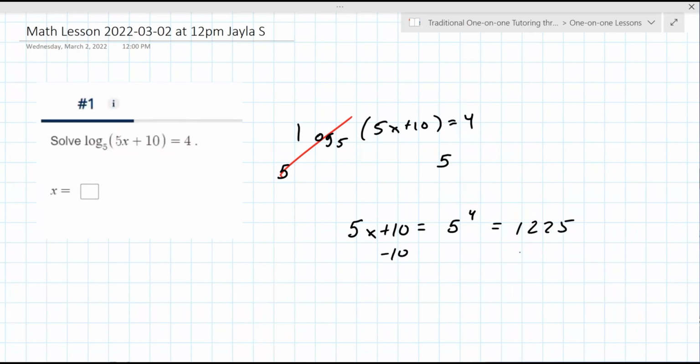We'll subtract 10 from both sides. So 5x equals 1215. Divide both sides by 5, and you'll have your final answer there. Go ahead and check these along the way, because with these automated systems you have to put the right answer in or you don't get any credit, as you know. But what I get here is 243.